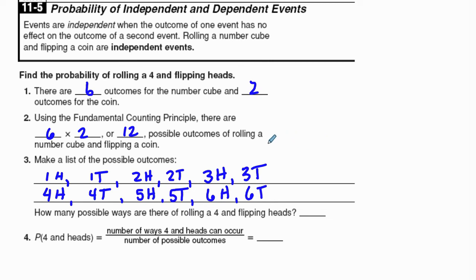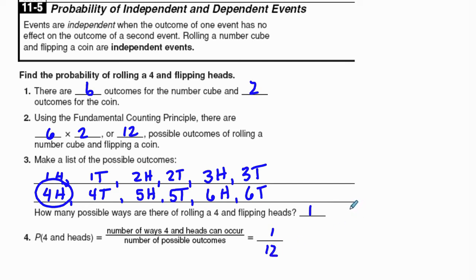Okay, so how many possible ways are there to roll a 4 and flip heads? Just 1. So our probability of 4 and heads would be 1 way out of 12 different options. So that's how you could get it with a list.